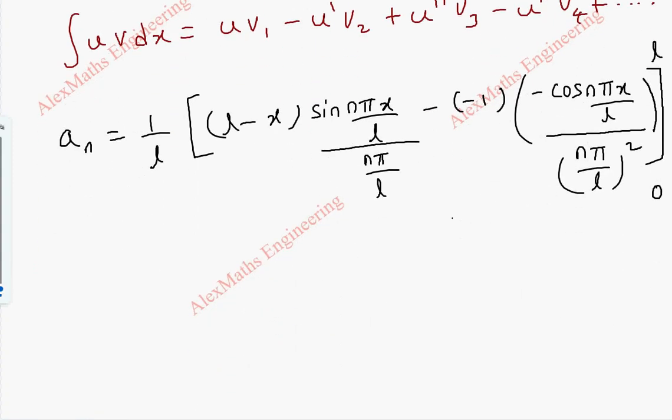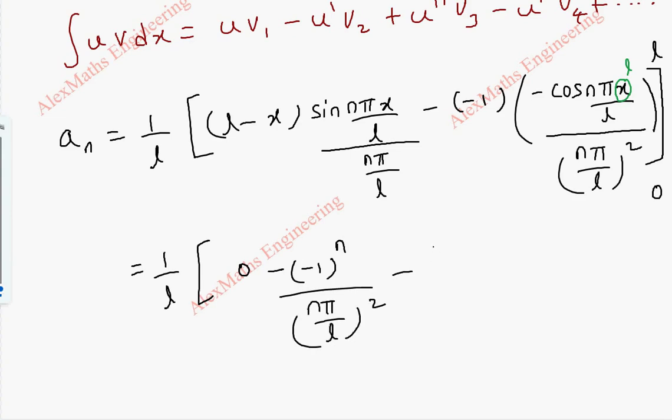Now when I use the upper limit, the first term already we have L minus L, so it becomes 0, and second term there are 3 minuses, so it will become 1 minus, and when I put L here, L L gets cancelled. We have only cos n pi, and cos n pi is minus 1 whole power n, and we have n pi by L whole square minus, when I use the lower limit, because of this sign, first term is 0 and these 3 minuses are there, so its product is single minus, and cos 0, so it is 1, and we have n pi by L whole square.